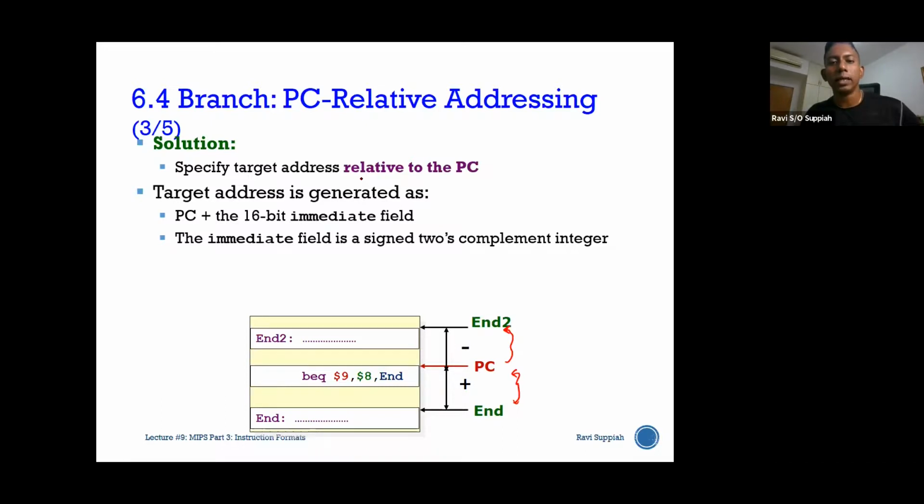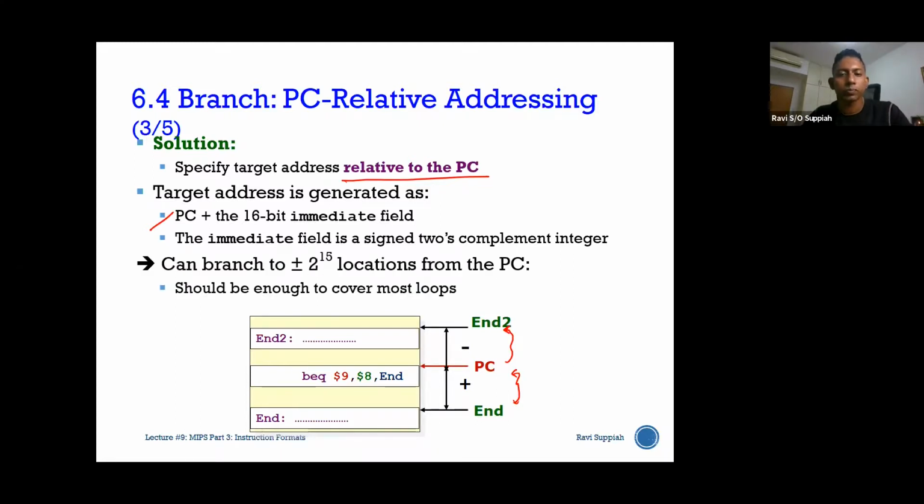The address is always relative to the PC, relative to the program counter. The way it is generated is the program counter plus the 16-bit immediate value, and the immediate value is a signed 2's complement number. In terms of 16-bit, the range is 2 to the power of 15, so you can branch plus or minus 2 to the power of 15 locations.